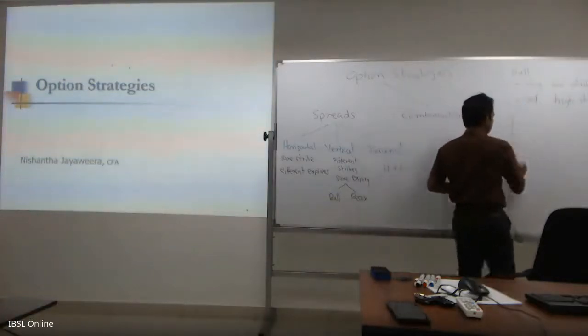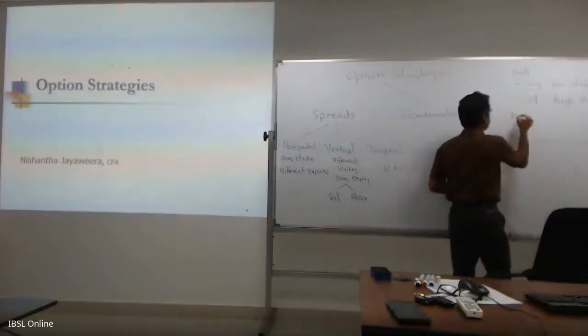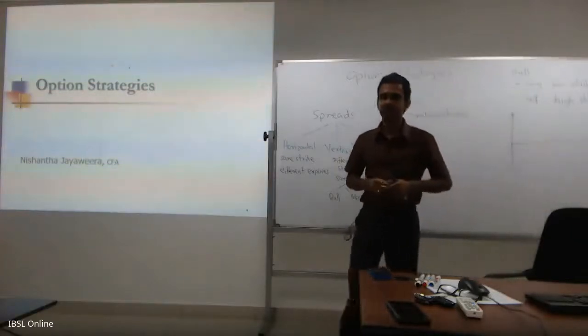What is the shape of the payoff line, the profit line, in the bull spread?